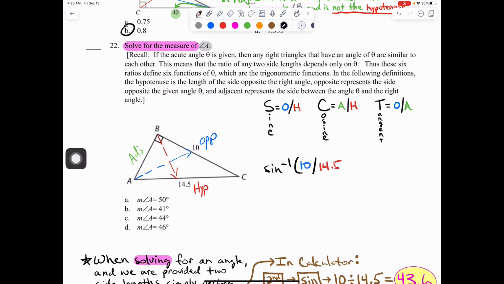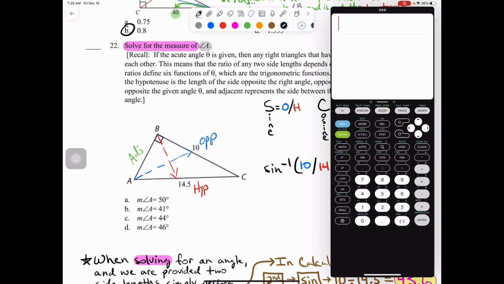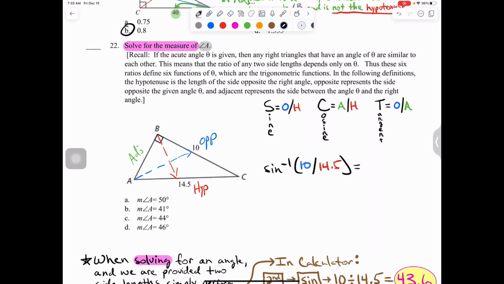You don't have to close the parenthesis. I just suggest it in case you get a little confused. Let's go ahead. We will hit second, the blue key, then sine. We will see that it did open the parenthesis. Type in your 10, type in divided by, type in 14.5. I like to close it. Hit enter: 43.6.